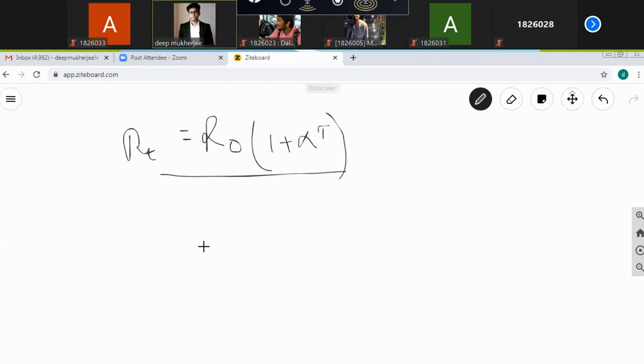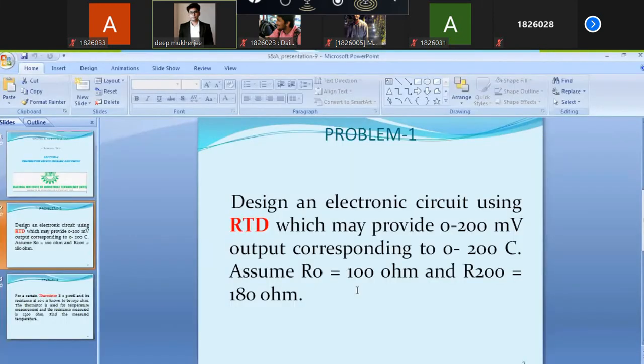Now what are the values given here? R0 equals 100, and RT equals 180.